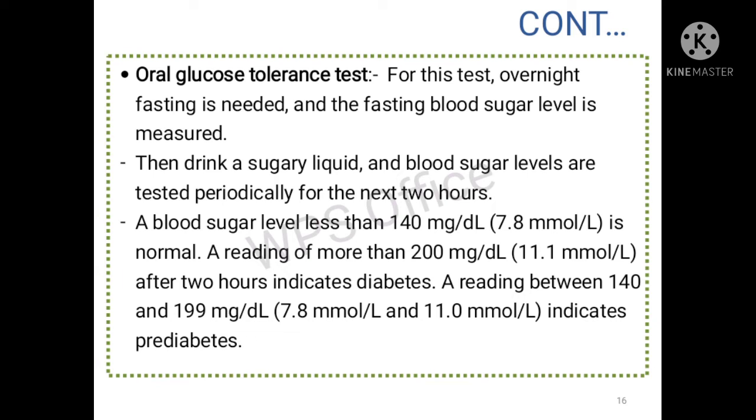A blood sugar of less than 140 milligram per deciliter, that is 7.8 millimole per liter, is found to be normal. A reading of more than 200 after 2 hours indicates diabetes. A reading between 140 and 199 indicates pre-diabetes.